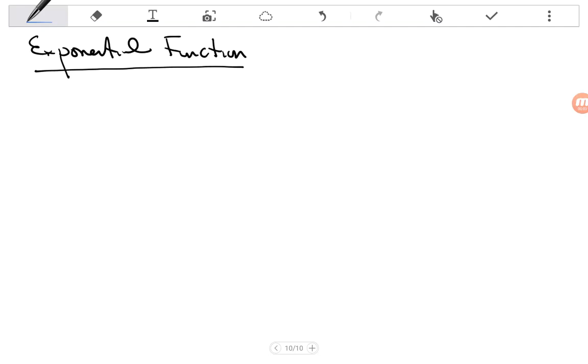Okay, let's study a new function which is called the exponential function. If you had bacteria, for example, which reproduce every 1 second.